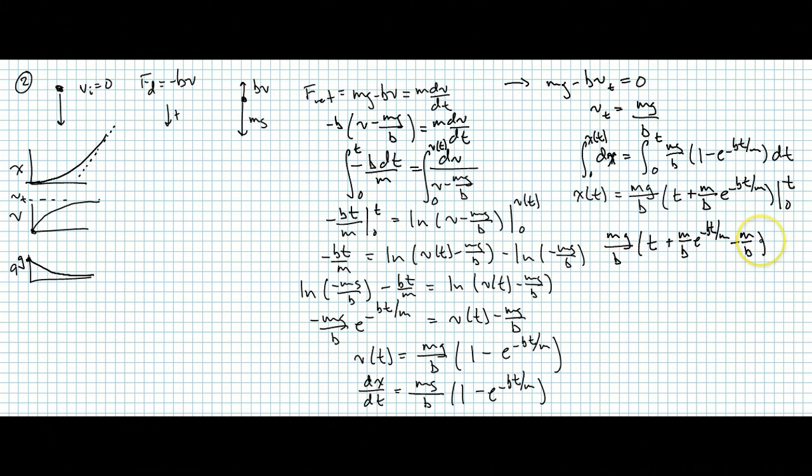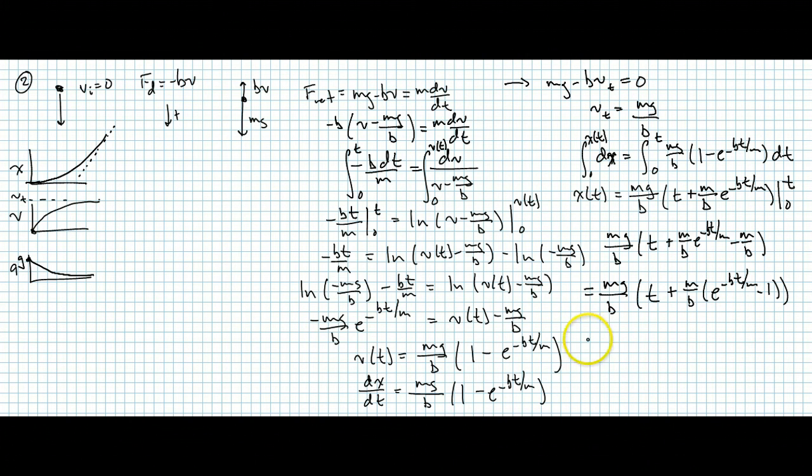I'm going to multiply this all out and see if we can get this a little nicer. Maybe we can't get it too much nicer. So we have mg over b times t plus m over b times e to the minus bt over m minus 1.